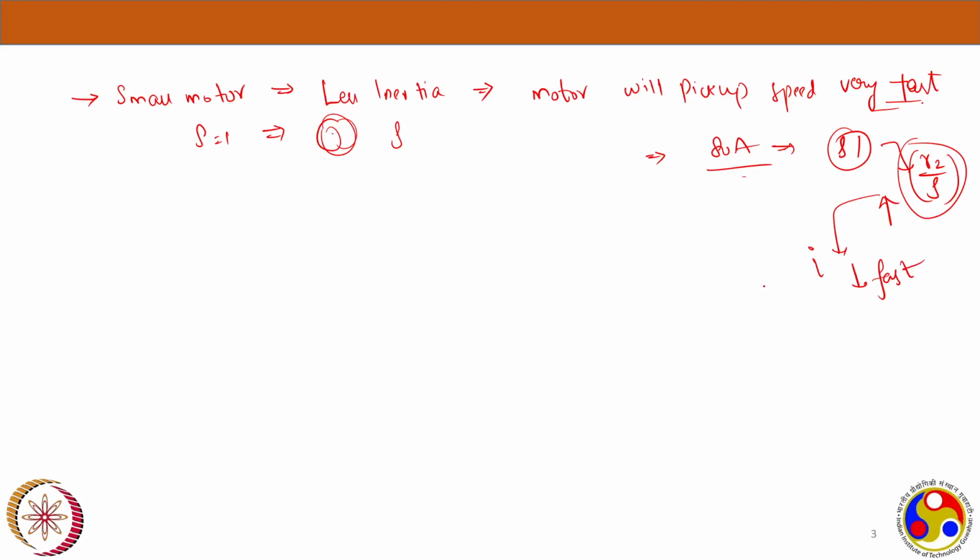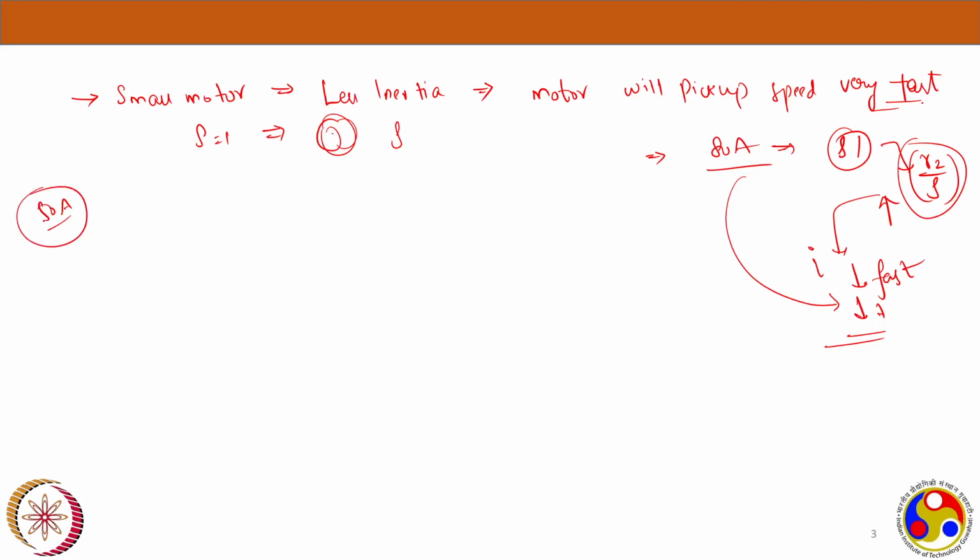Now if the motor is very large, a larger diameter motor, compared to the small motor, and you pass the same current in the large motor, it has a larger kilowatt rating. Let's say its rating is around 50 amps.